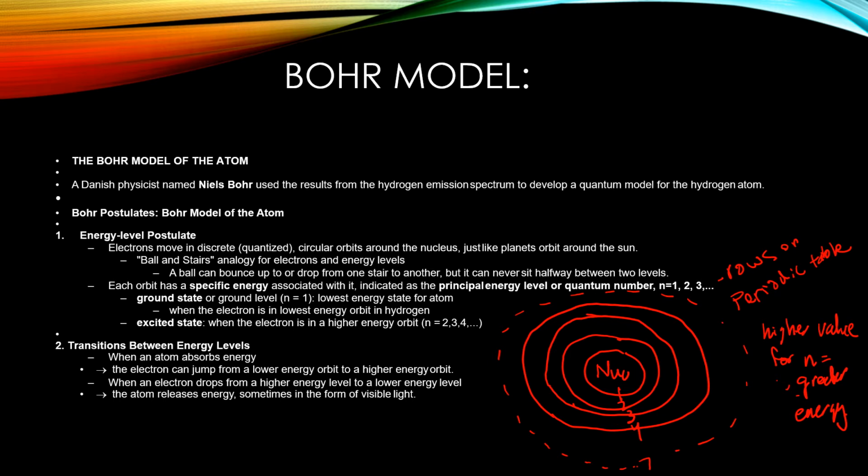Okay, so when we look at the transition between the energy levels, the atom has to absorb energy first. The electron can then go from a lower energy orbit to a higher energy orbit, and then when the electron is dropping from that higher energy level to the lower energy level, the atom is going to release the energy, and sometimes it will be in the form of visible light. Not all the time, but some of the time it will be in the form of visible light.